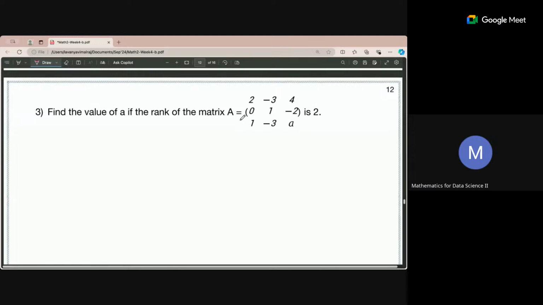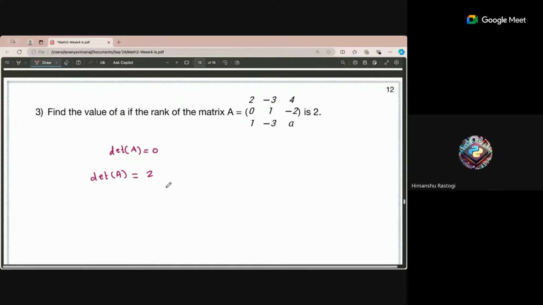Okay. So find the value of a if the rank of the matrix is 2. Since the rank is 2, what should be the determinant? 0. Okay, so now calculate the determinant of this matrix. 2 times of a minus 6, plus 1 times of 3 times, okay, you are expanding in this way.